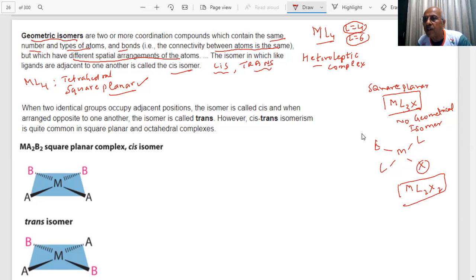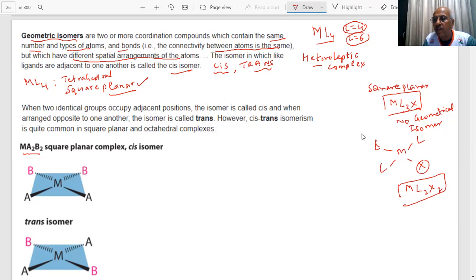This is a heteroleptic complex and two ligands are different, students. For example, now I am talking of this. I am giving an example.